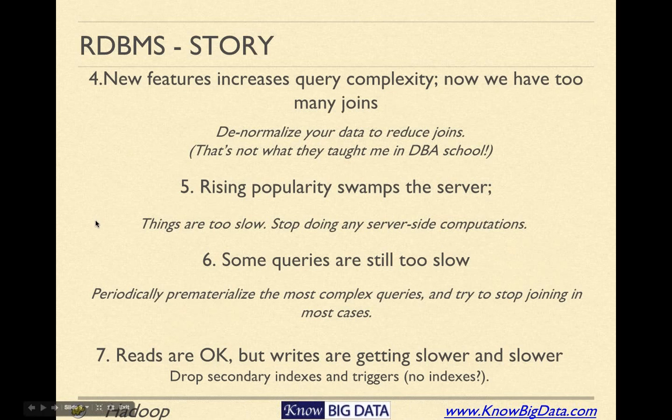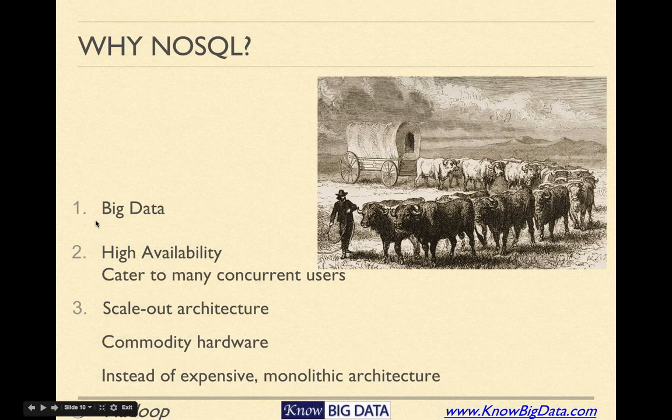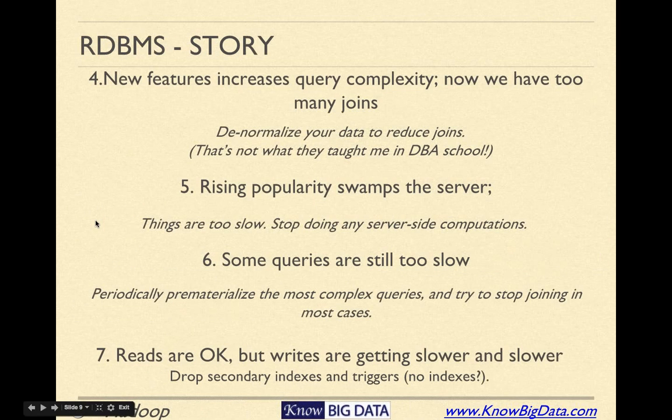So you avoid triggers, you start avoiding the secondary indexes. Let there be primary indexes, which is not too costly, but secondary indexes we start killing one by one. Now at this point of time, if you notice what you have done, you are not using any facility provided by relational databases.